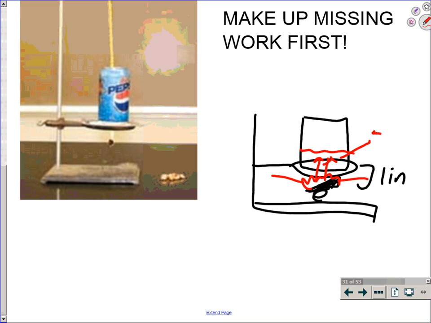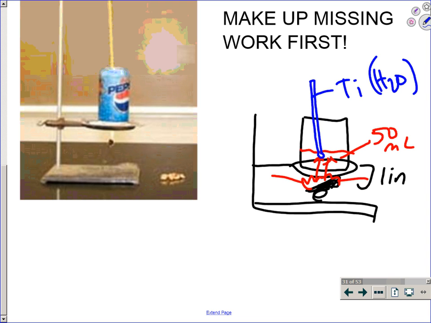So there will be 50 milliliters of water in the can, and before the experiment starts, you will have measured with the thermometer. You have gotten your initial temperature of the water, and what do you think you're going to do over the course of the burning of the food? You monitor.